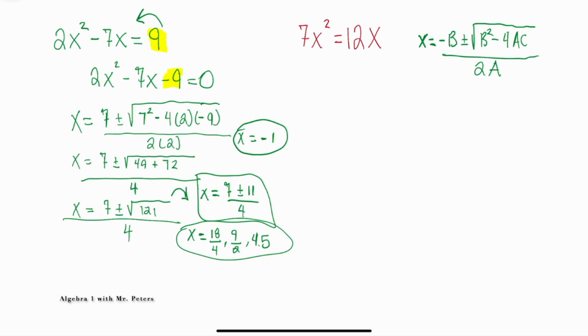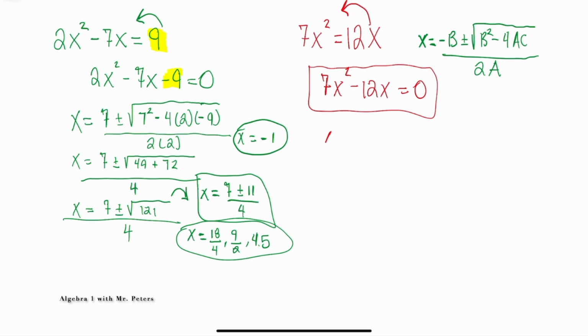Now the last example is a special case, and you will see this. So again, we're going to bring this 12x over to the other side, set the equation equal to 0. So 7x squared minus 12x is equal to 0. This is what we're plugging into the quadratic equation. And family, anytime a term is missing, you just substitute 0 in for it and you continue solving like a regular equation.